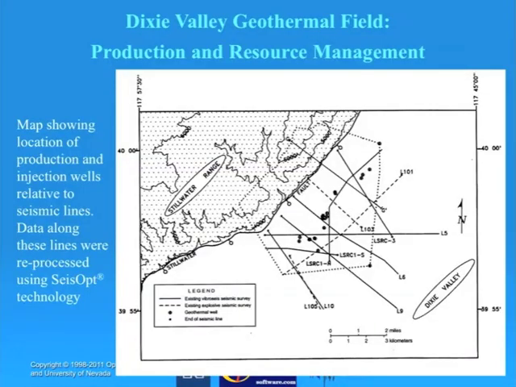Now, I should go back and explain. This part of Dixie Valley is way to the north of the shallow dipping Dixie Valley fault that you were looking at in Lab 1. That's in southern Dixie Valley, and this is about 60 kilometers north of there in northern Dixie Valley.